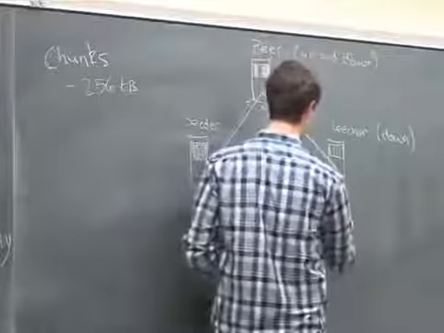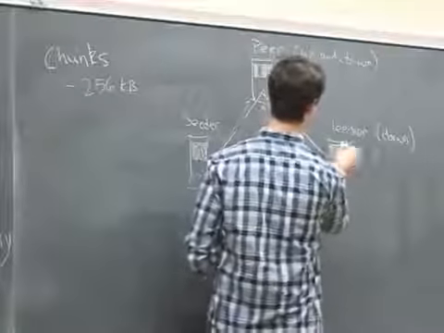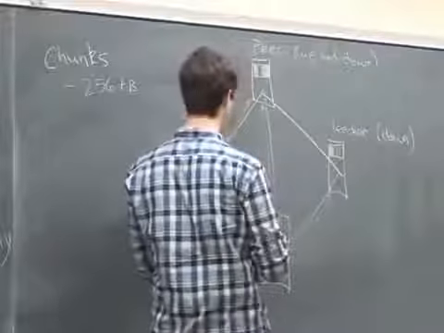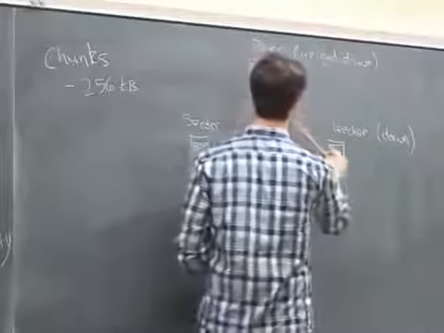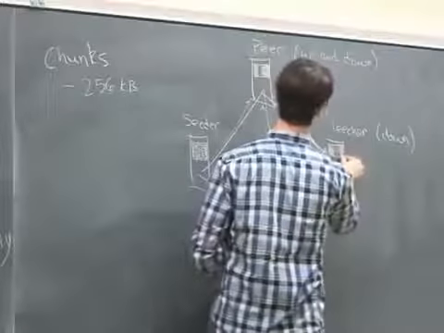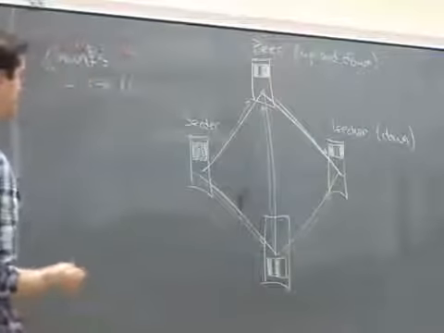So he gets the green chunk from here. And then it had asked this node for this pink chunk. So it gets the pink chunk. Okay, so that's the end of the second time step.